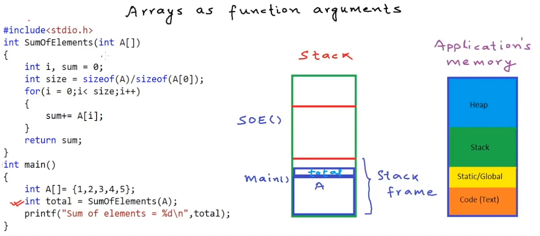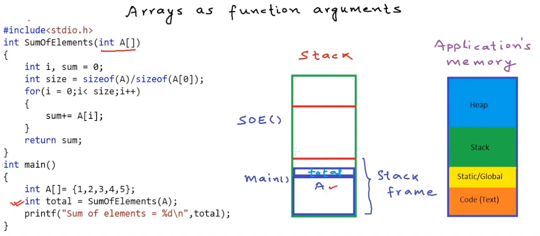Okay, now this parameter is a local variable to the function sum of elements. It is not the A in the main method. What happens when we make a function call is that the value of the variable in the calling function is copied to the variable in the called function.